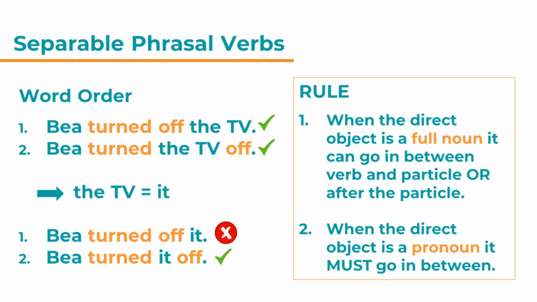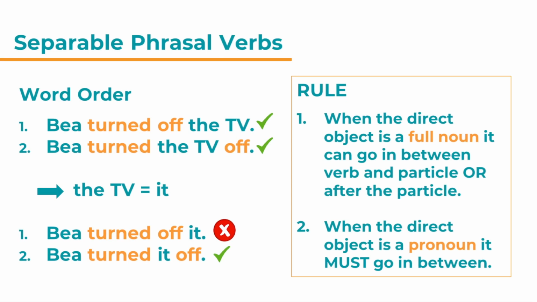It is not correct to put it after the particle. And to remind you, an object pronoun in English, that could be me, you, him, her, it, us, or them.